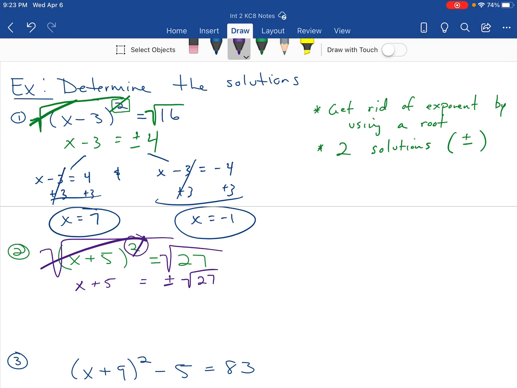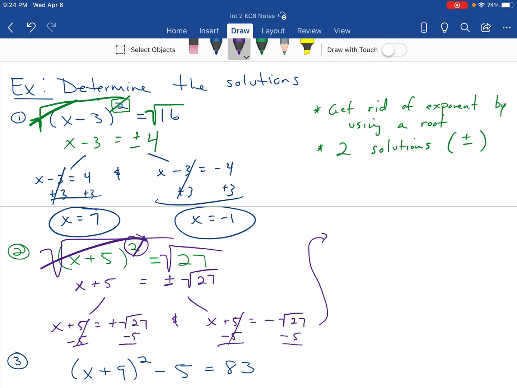Okay, but you still have two different equations here. You have x plus 5 equal to a positive square root of 27, and x plus 5 equal to a negative square root of 27. So what I'm going to do is subtract 5 from both sides for both of those equations. And I want you to think of a root kind of like a variable.